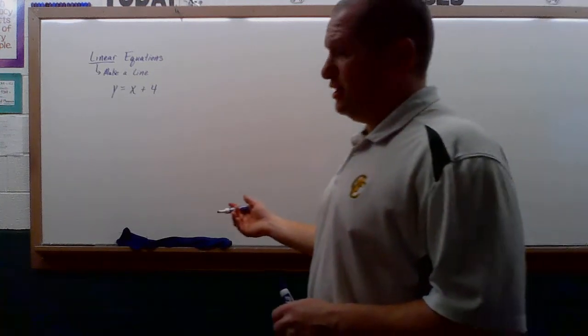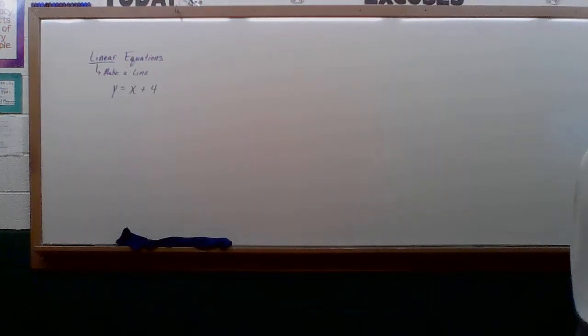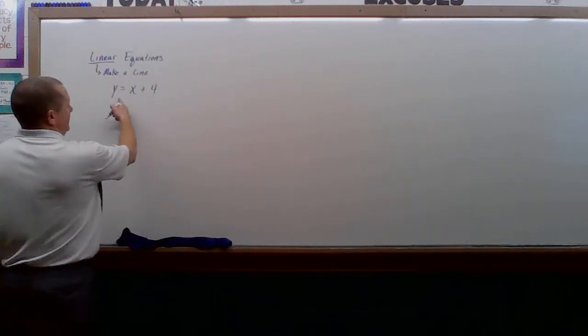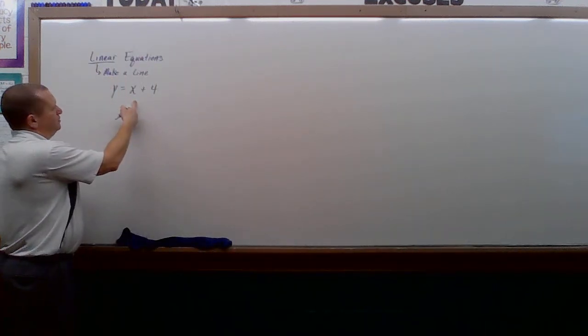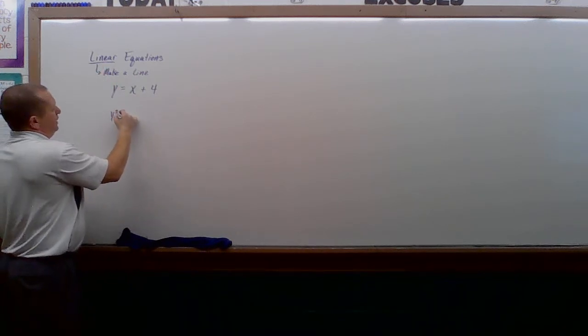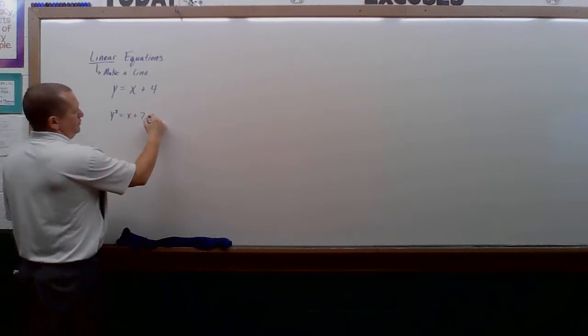If there's any other variable in it, it can't be a linear equation. All right? And if either of the variables in my equation has an exponent, it is not a linear equation. So if we had y squared is equal to x plus 7, that's not a linear equation.